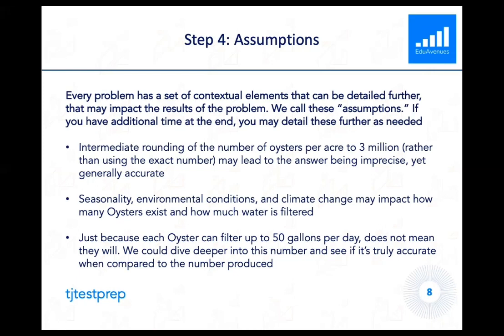So the next assumption would be seasonality, environmental conditions, and climate change, and these factors may impact how many oysters exist and how much water is filtered. Just because each oyster can filter up to 50 gallons per day doesn't mean they will. We could dive deeper into this number and see if it's truly accurate when compared to the number produced.